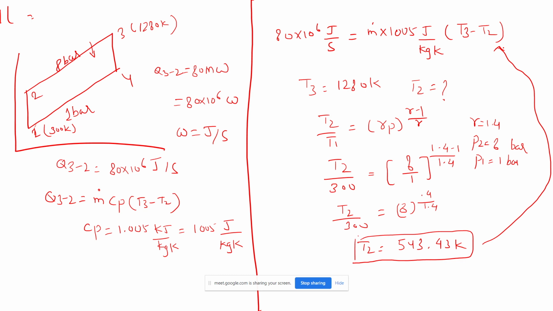So what we can write here: 80 into 10 to power 6 joule per second is equals to m dot into 1005 joule per kg Kelvin into 1280 minus 543.43. Okay, we'll go to the next page.